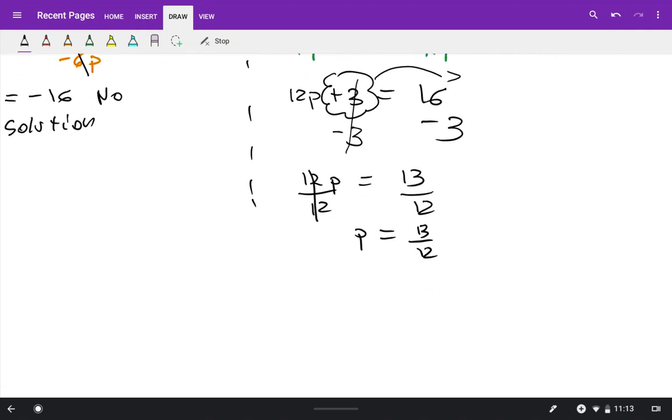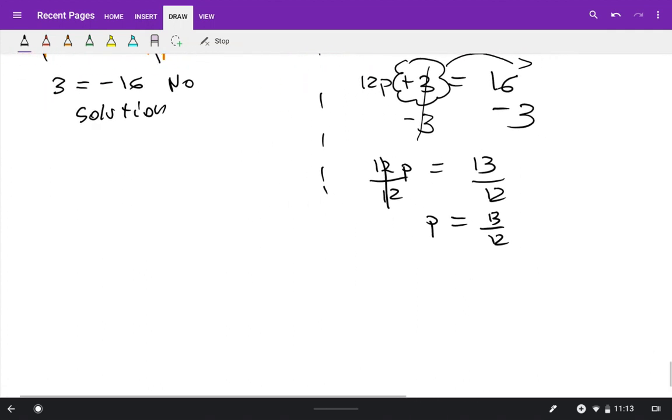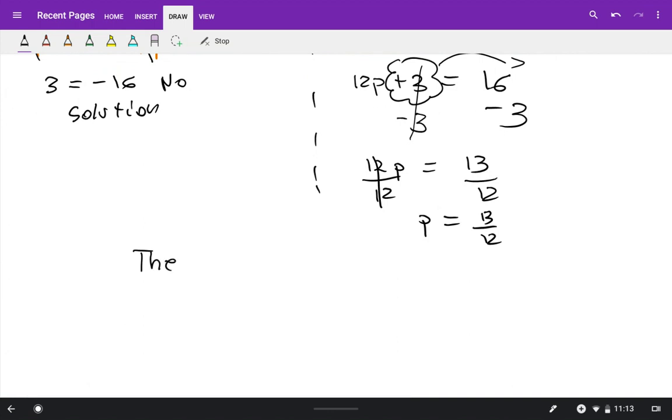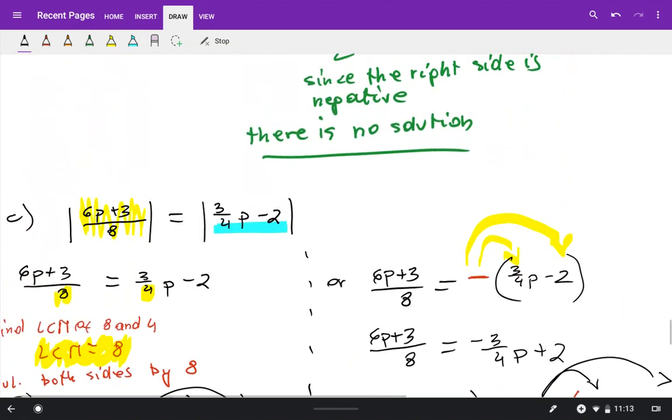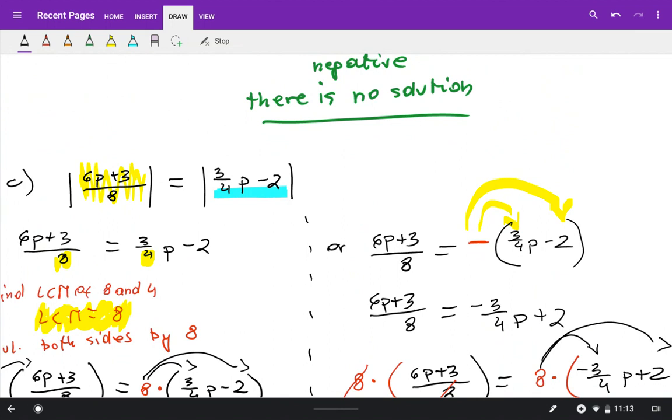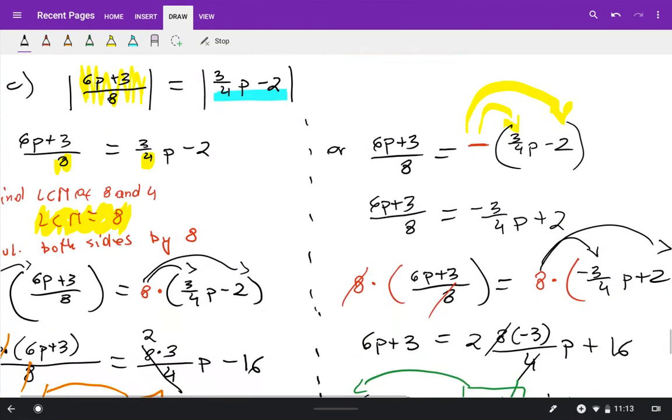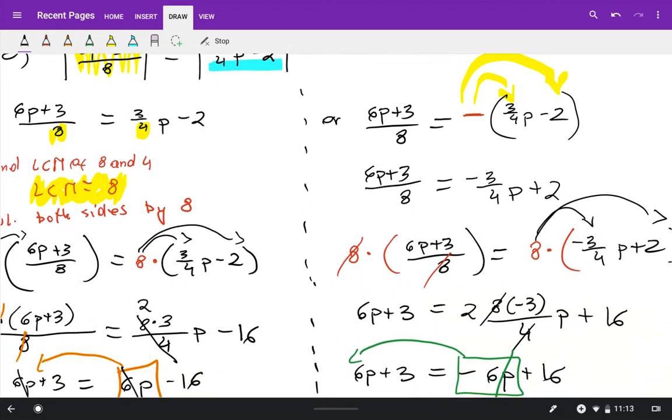Since the first equation ended with no solution, the solution set here is 13 over 12. What that means is that this absolute value equation will only work when p is equal to 13 over 12.